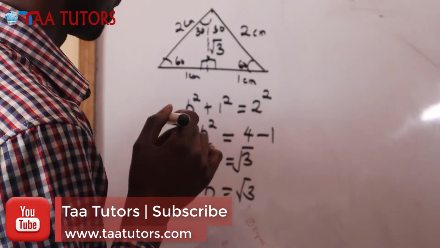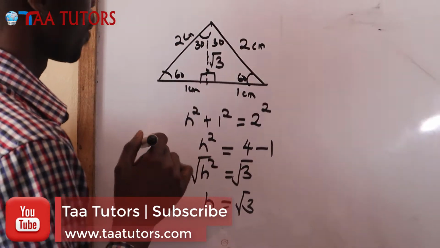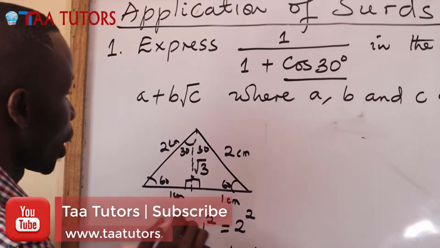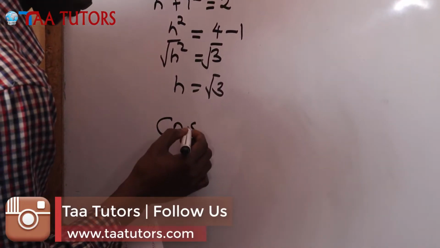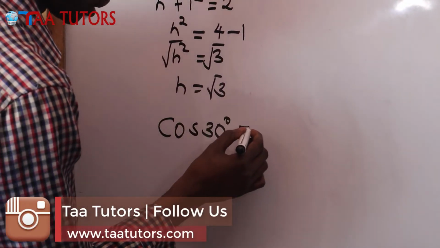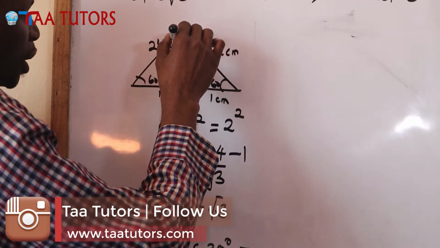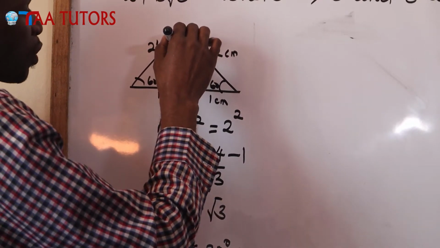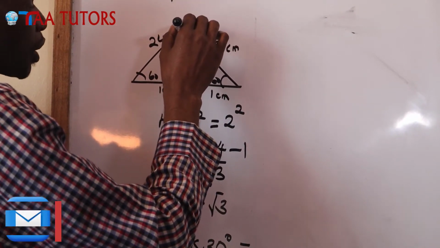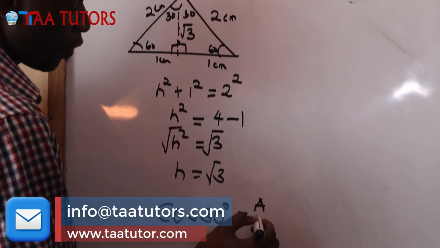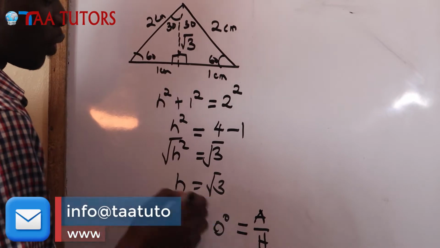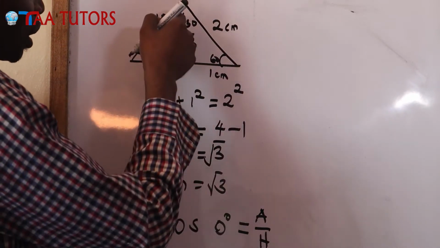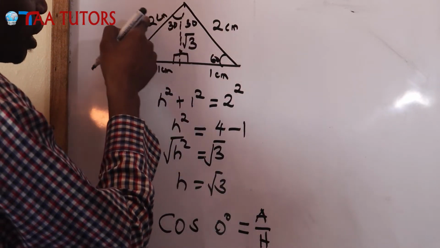Now after we have determined that, we are told to get cos 30. Cos theta is equal to adjacent over hypotenuse, and if 30 is here, the adjacent is Surd 3 and the hypotenuse is 2.